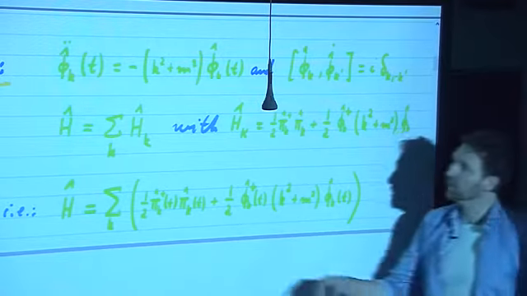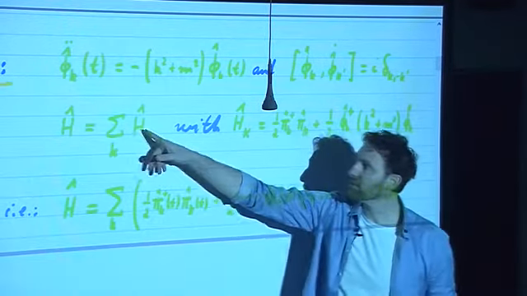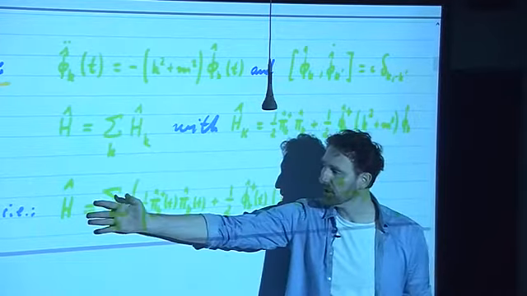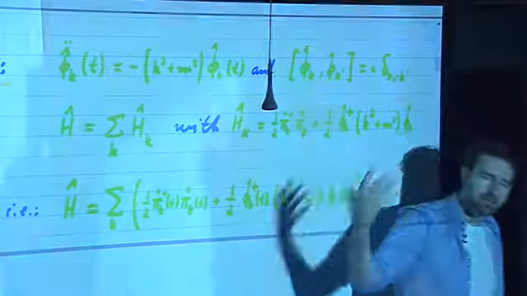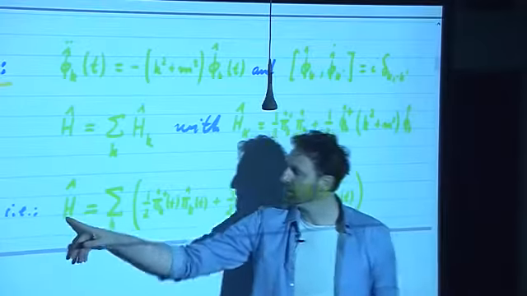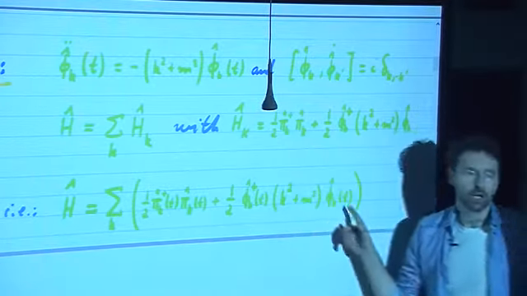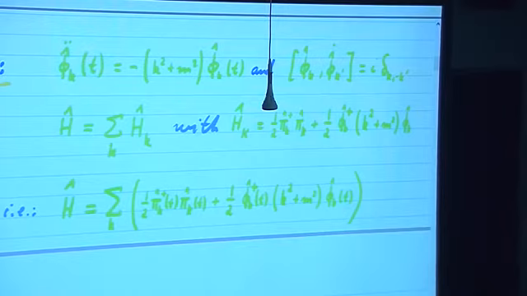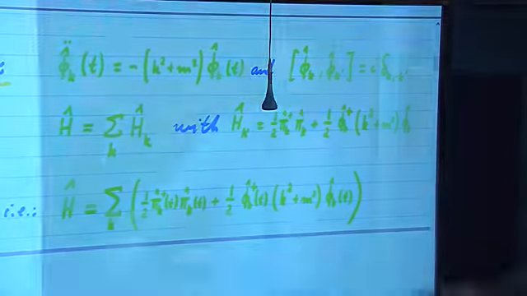So the total Hamiltonian is simply the sum of the Hamiltonians of the individual modes. Remember that each mode is an independent harmonic oscillator, so no wonder that the total energy is simply the sum of the energy of the individual mode oscillators. Still no particles. Still everything seems to be about fields and their amplitudes. But now here comes a crucial observation.